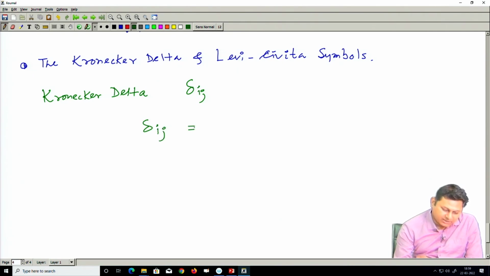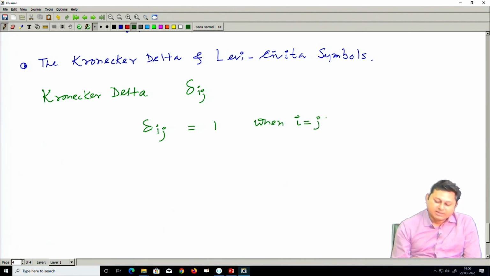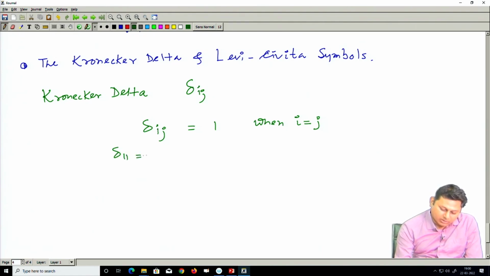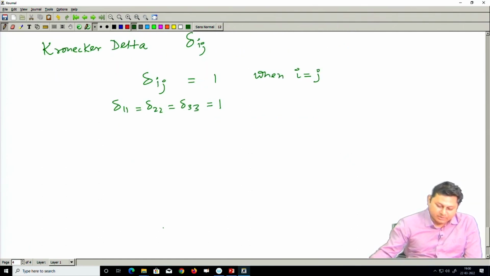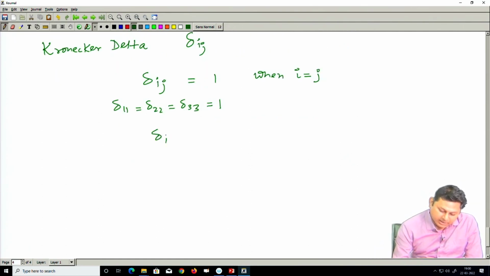Delta_ij should be equal to 1 when i is equal to j. When these two indices i and j are the same, then this delta should be 1. For example, delta_11 equals delta_22 equals delta_33. This should be 1 because i and j are the same here, and i can run 1, 2, 3, j can run 1, 2, 3.